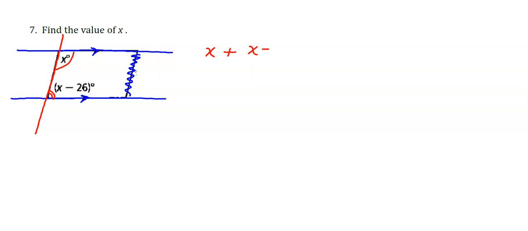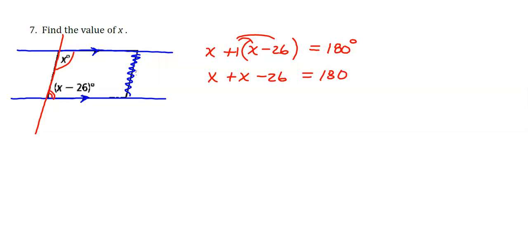x plus x minus 26 equals 180 degrees. You can just pretend there's a positive 1 there, so it really doesn't do anything. So I can just drop the parentheses. That step was kind of unnecessary. Let's gather up some like terms. 2x subtract 26 is 180.